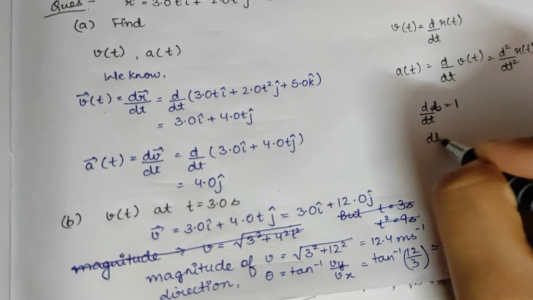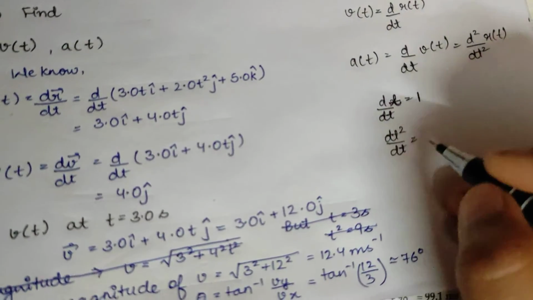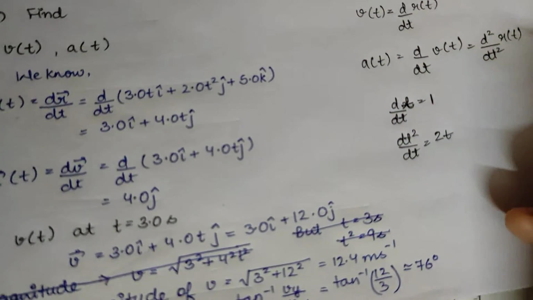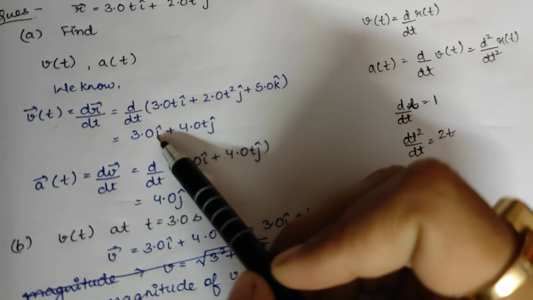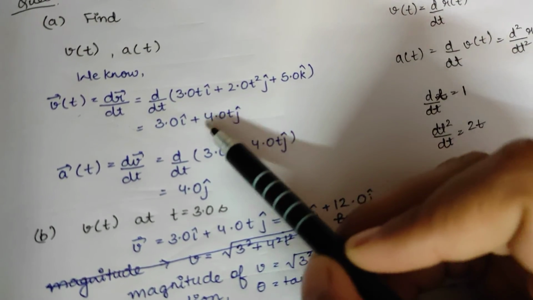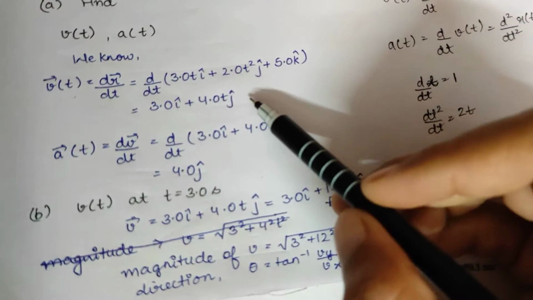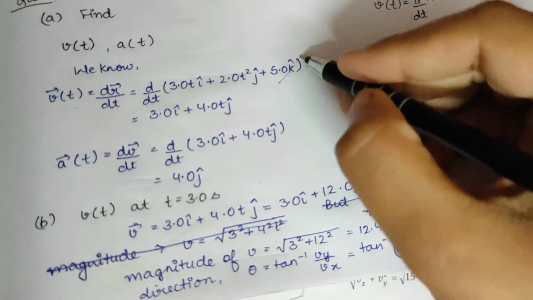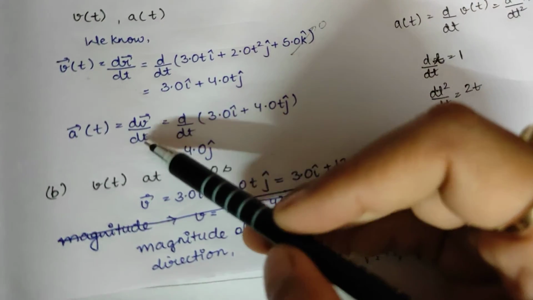And if we have t square, differentiating it with respect to t will give you 2t. Fine. So here also 3t will give us 3 i cap. This will give us 2 multiplied by 4t, so 2t is left, j cap, and this will become 0.